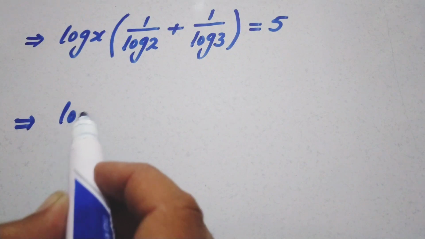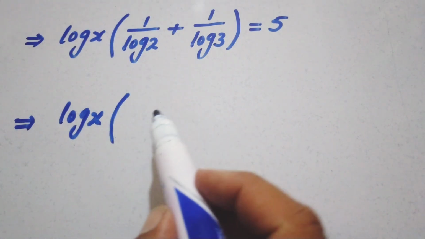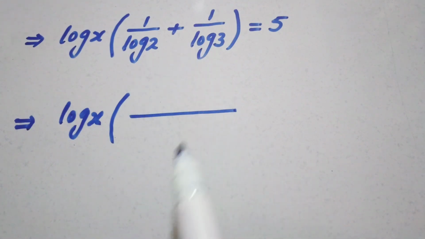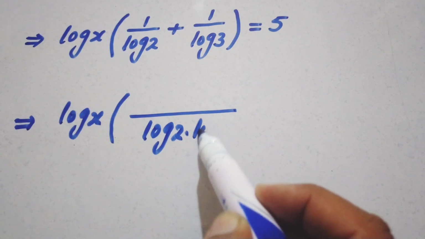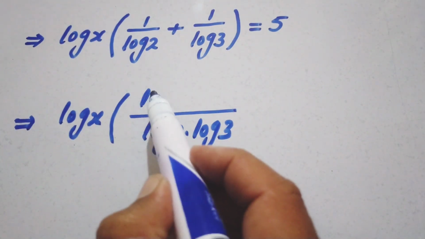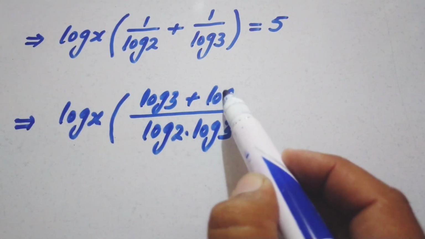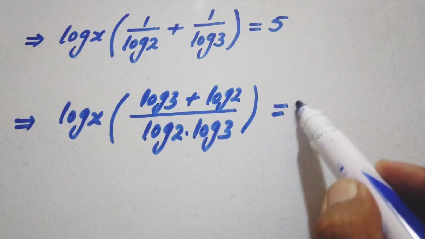Now log of x into the LCM of 1 divided by log 2 plus 1 divided by log 3, log 2 multiplied by log 3, which is the LCM, and this will become log of 3 plus log of 2. At the right hand side we have 5.